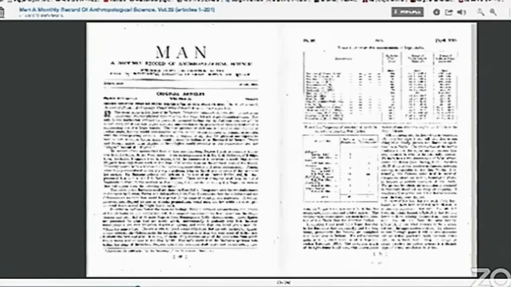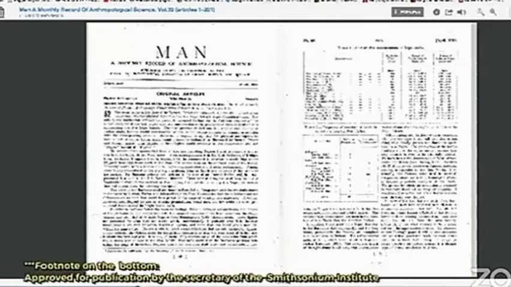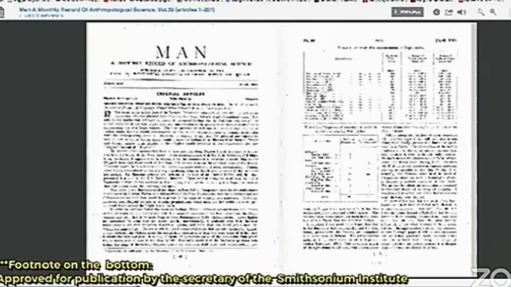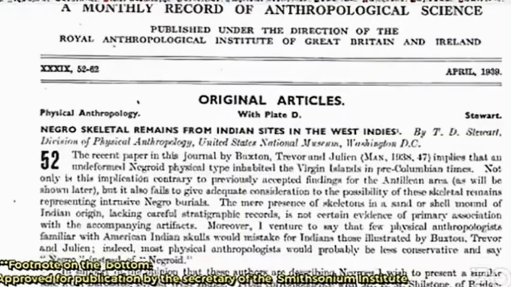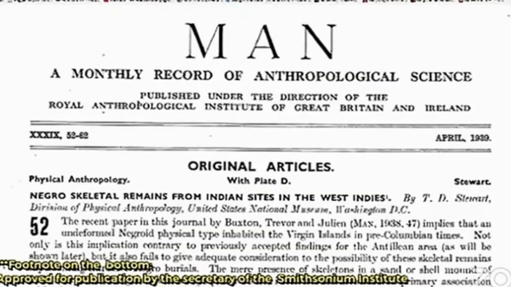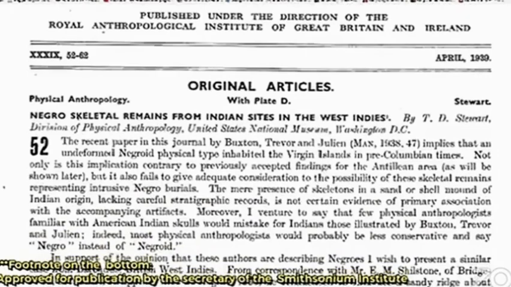The journal is from an anthropological science magazine. This came out in 1939. Volume 38 actually spoke of the same thing. It was like the beginning of the talk, and the next month, for volume 39, they continue to talk about it. So it says here, see if I can zoom into it. Again, it's Man, a monthly record of anthropological science, published under the direction of the Royal Anthropological Institute of Great Britain and Ireland.